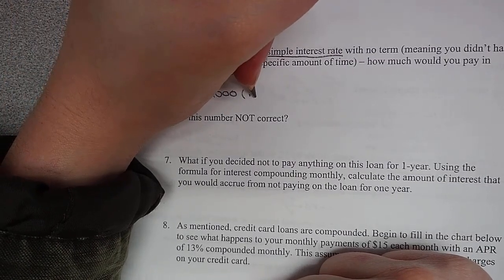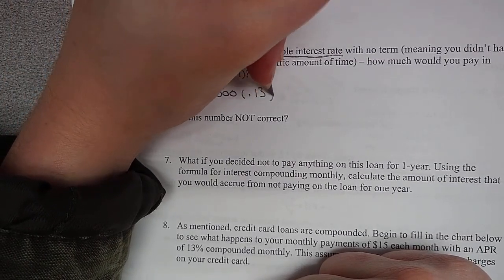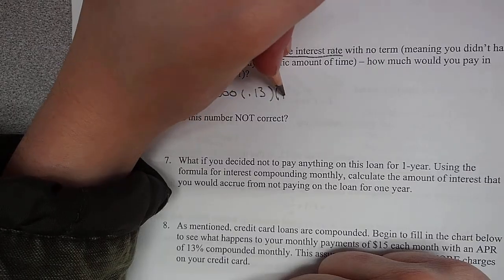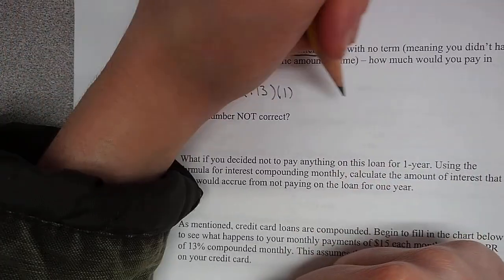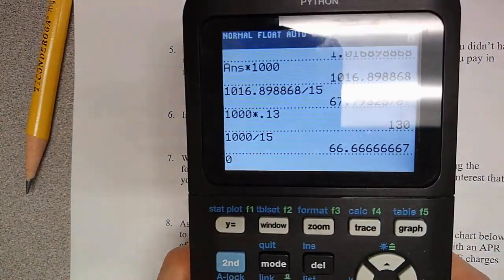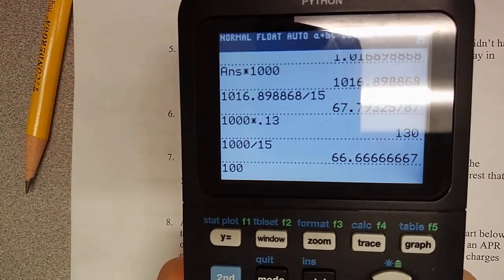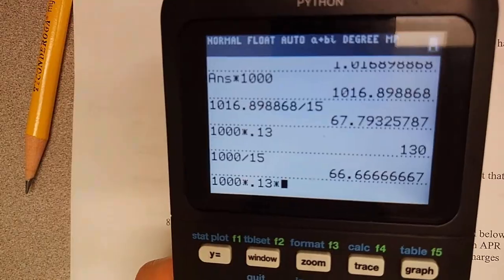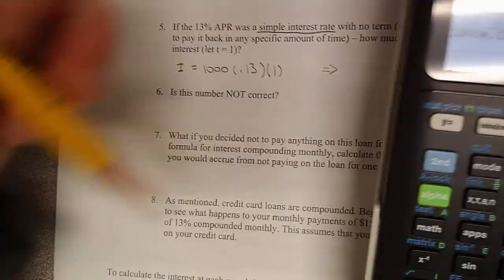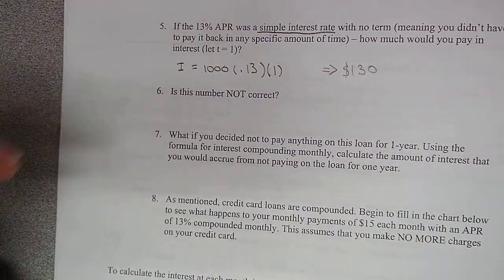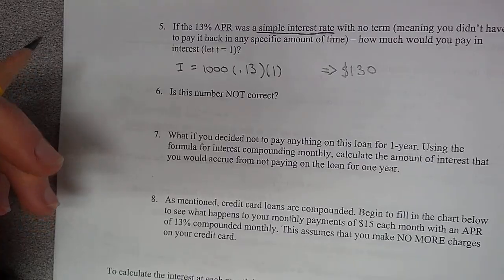But remember, you can't do anything with it. It's 13%. Turn it into a decimal first. 13%, 0.13, times 1, because t is 1. The amount of years is 1. All right, so we're going to find out what that is. So 1,000 times 0.13 times 1 is $130 in interest in a year.